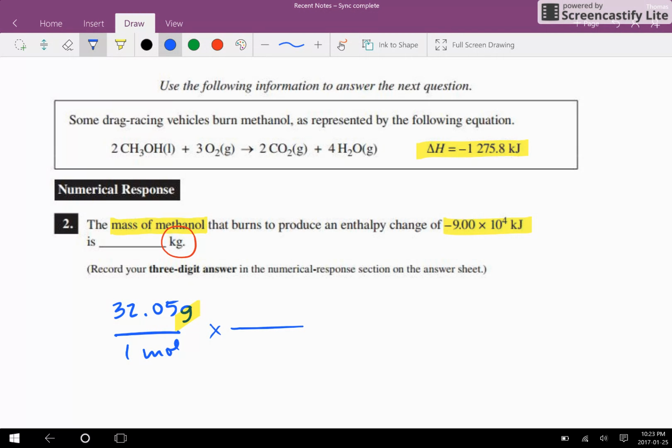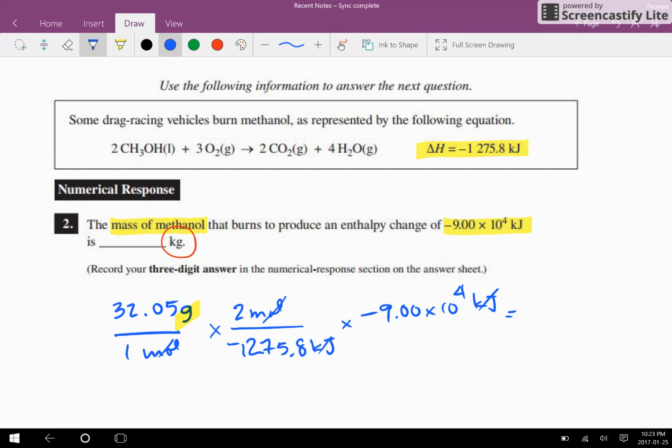Now we know that there are 2 moles of methanol reacting in the equation that releases the 1275.8 kilojoules. This allows us to cancel the moles and then multiply by the energy that's released in the reaction, and we'll cancel the kilojoules there.